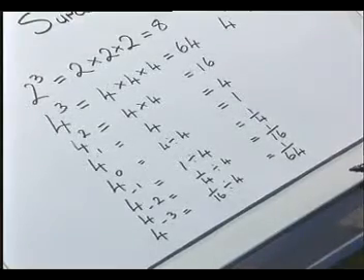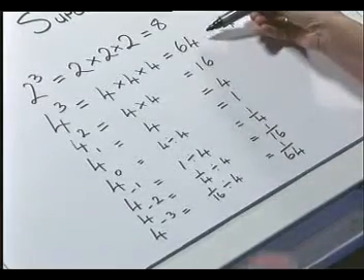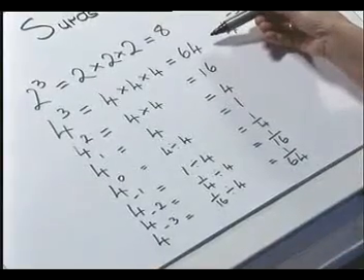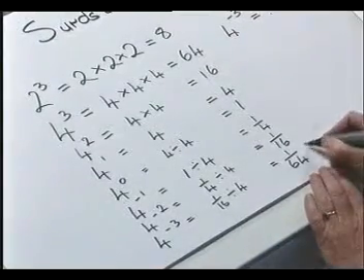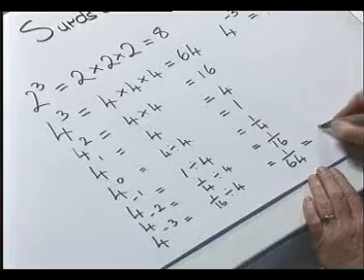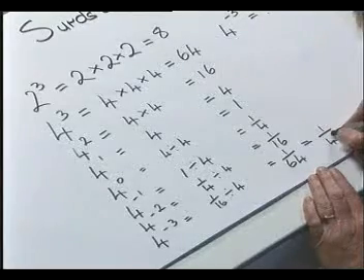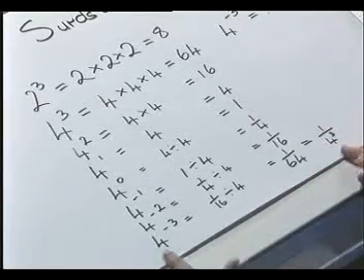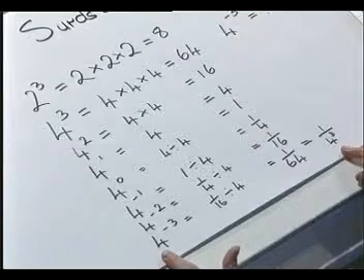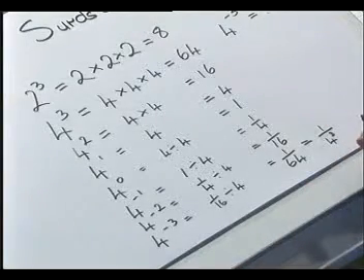But if we go back to this line, we know that 4 cubed is 64. So we can rewrite 1 over 64 as 1 over 4 cubed. And look at that: 4 to the negative 3 is 1 over 4 cubed.